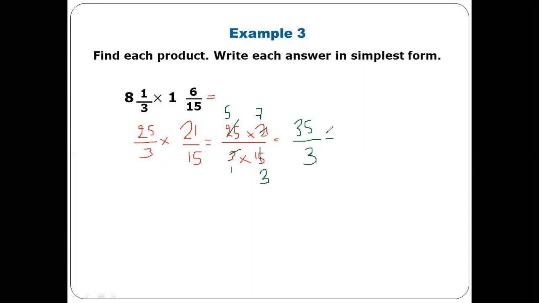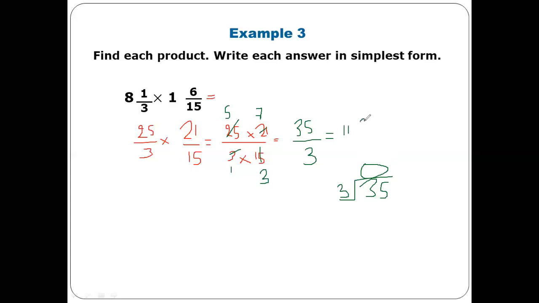Since the number in the numerator is greater than the number in the denominator, we have to change the fraction into a mixed number. We use long division and we put the quotient as a whole part and the remainder in the numerator keeping the same denominator, or we can think of it mentally. 35 divided by 3 is 11, because 11 times 3 gives 33.